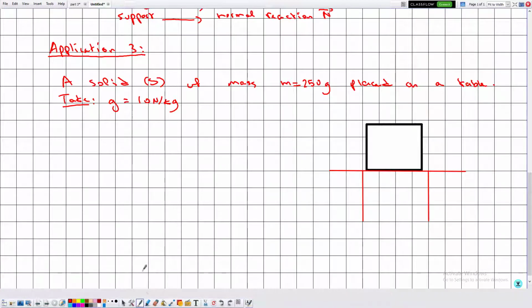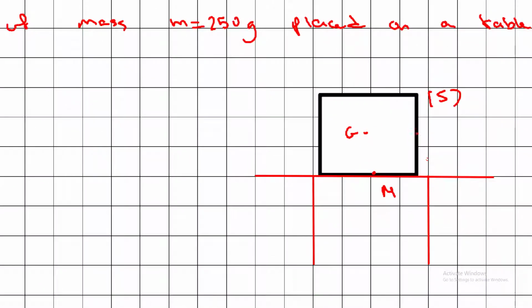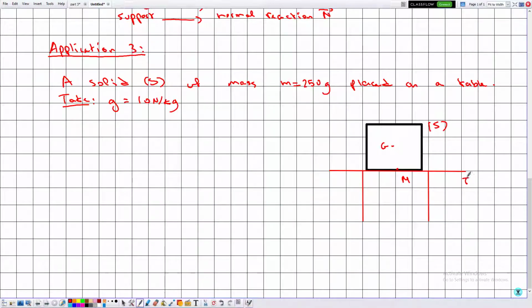This is the solid S placed on the table. This is the point G, which is the center of gravity of S, and this is the point A, or let me say the point M, which is the point of contact between the solid and the table T. Let me say that this is the table T.